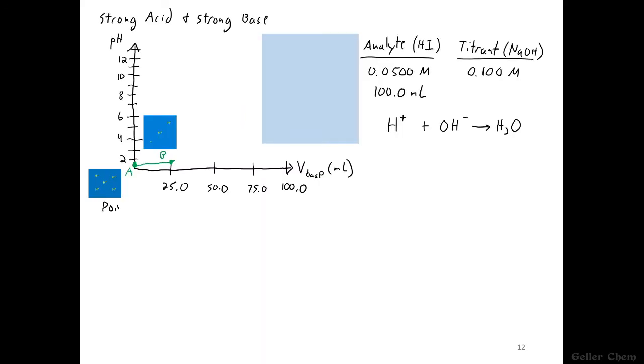Point C, which is the actual volume of equivalence, which we calculated earlier as being 50.0 milliliters.